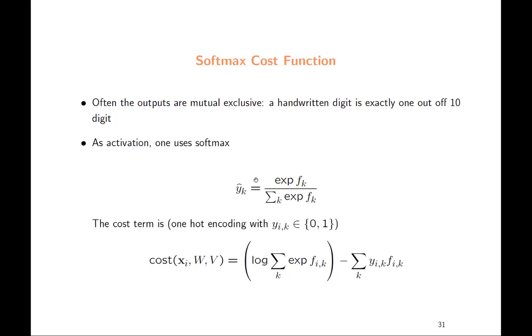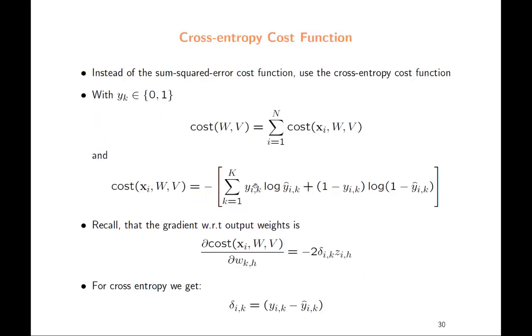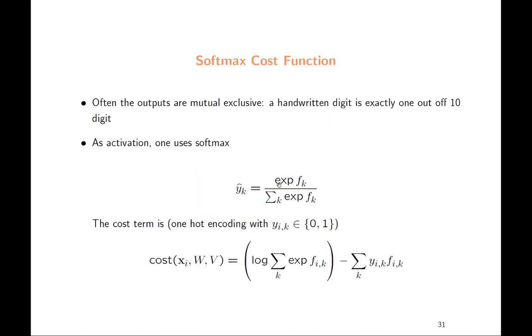So this automatically gives you the correct normalization, because if you sum this over all classes, it will sum to 1, and it's non-negative, so you can interpret this as a probability if you use the softmax output activation.